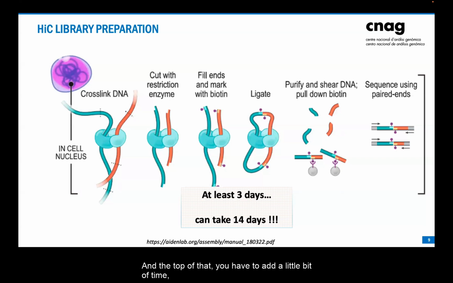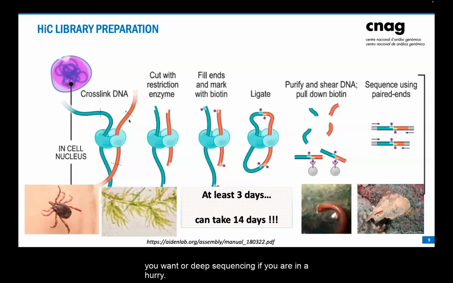On top of that, you have to add a little bit of time, maybe 1 week, to prepare the sequencing library and then run some shallow sequencing if you want, or go for deep sequencing if you are in a hurry. But everything is okay. But when we work with challenging animals, things start to be more complicated, and the times are actually close to these 14 days or 10 days, or you have to repeat the libraries again and again.